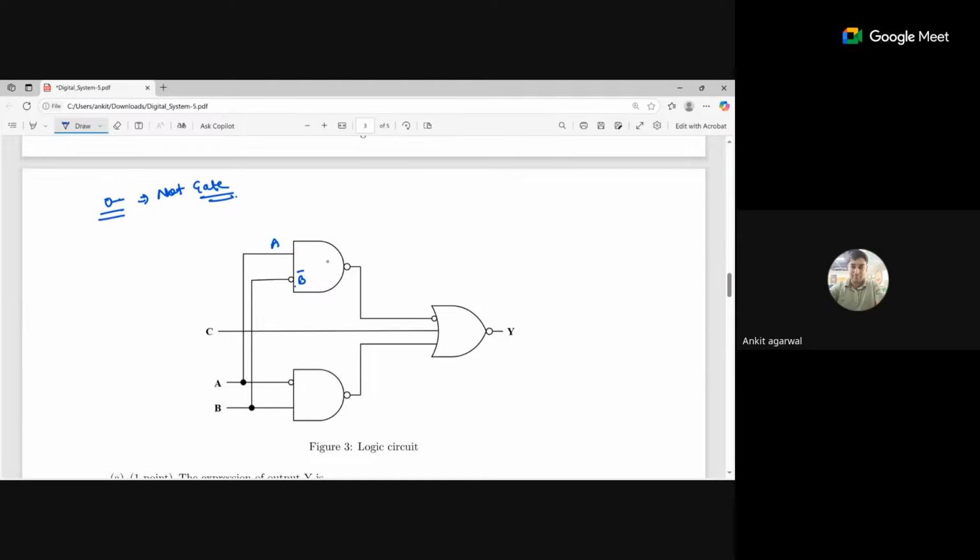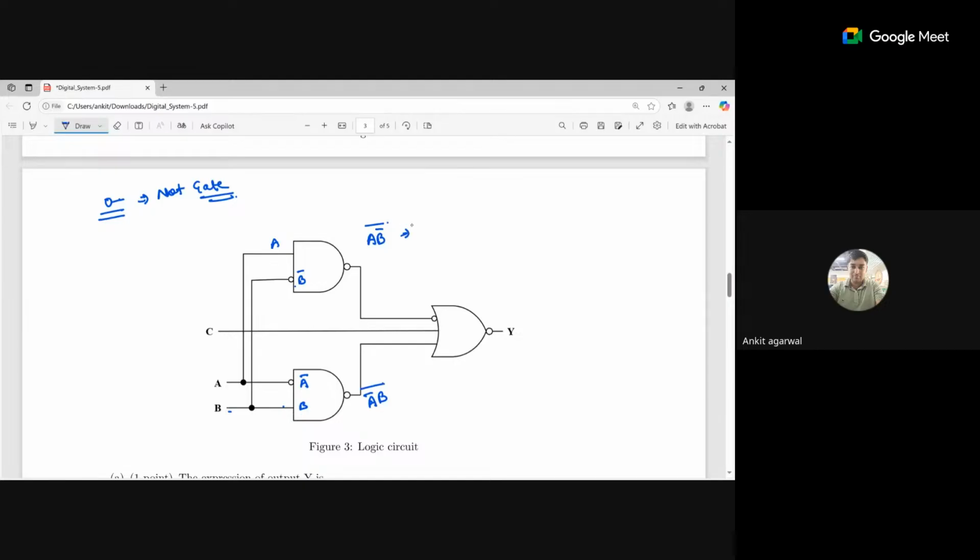When it goes to the NAND gate, here we are getting A B bar whole bar. Here the input is A bar and directly B, so the output is A bar B whole bar.